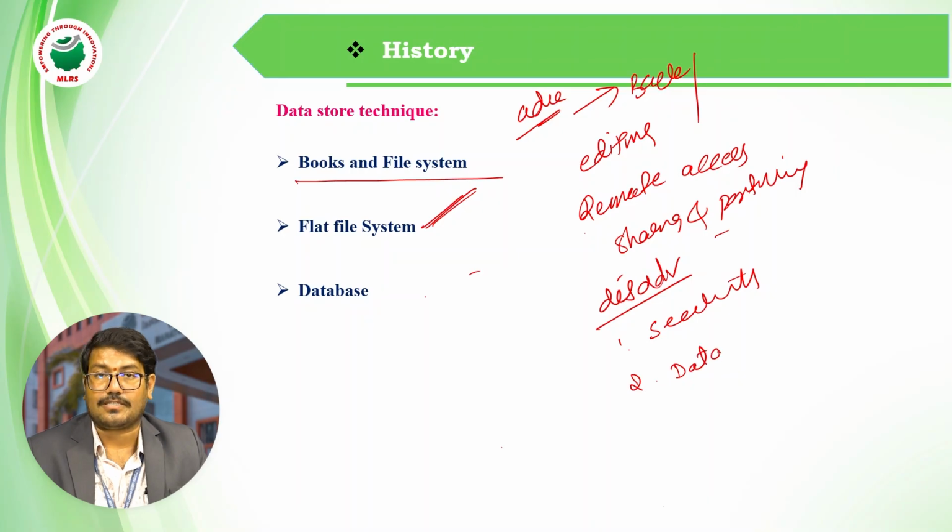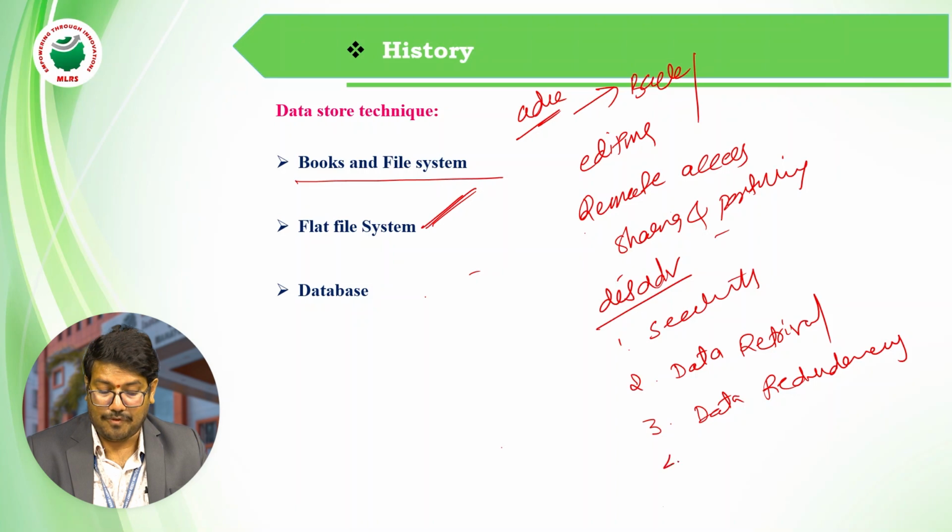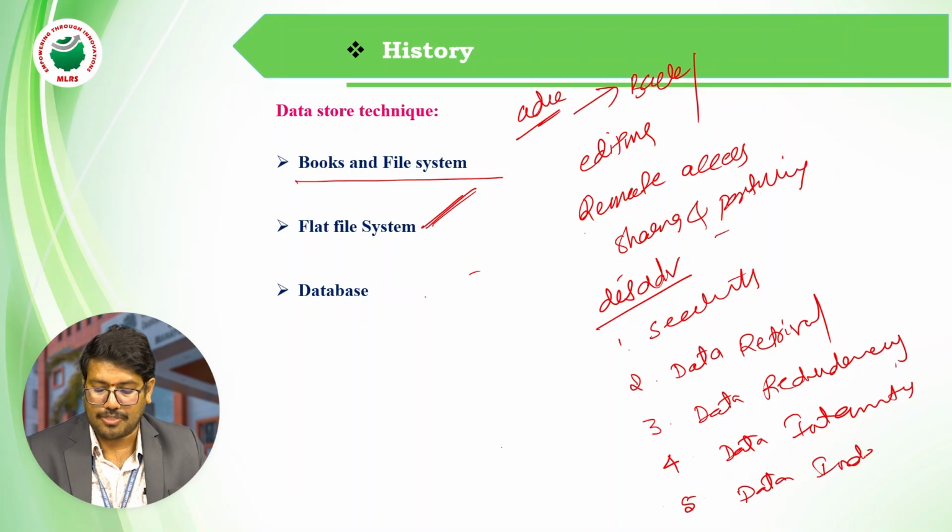If data was lost or my drive crashed, retrieval is a big problem. The third one is redundancy. Data redundancy means repetition of data. The fourth drawback is data integrity, I mean rearranging of data. And the fifth one is indexing of data. These are the drawbacks we have with this flat file system.